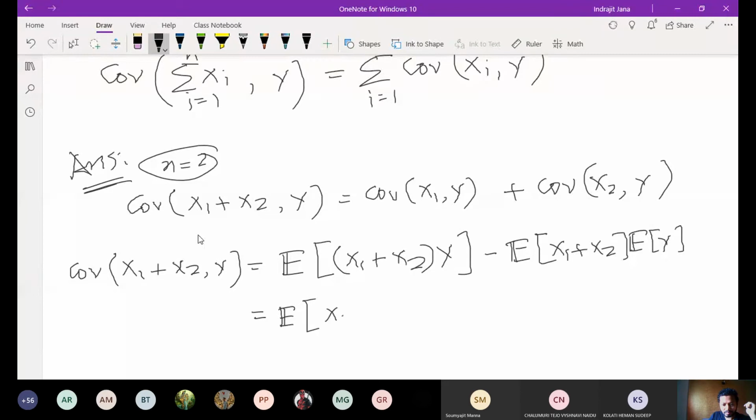So expectation of x1 y plus x2 y minus expectation of x1 plus x2.